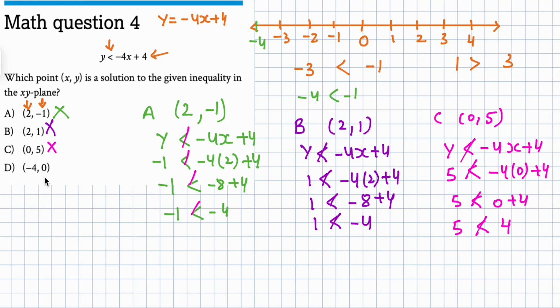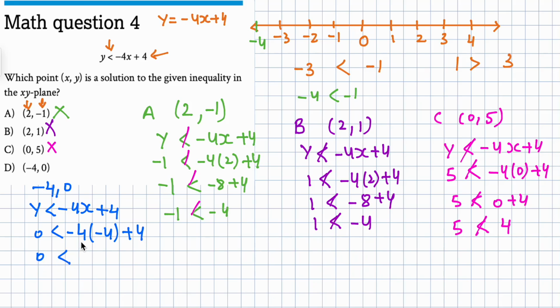Definitely only one option is left, so that is going to be the right answer, but the best way is also always to solve it. So let's see our D option. Okay, so this is negative 4 and 0. Our inequality is y is less than negative 4x plus 4. Now y is 0: 0 is less than negative 4 times negative 4 plus 4.